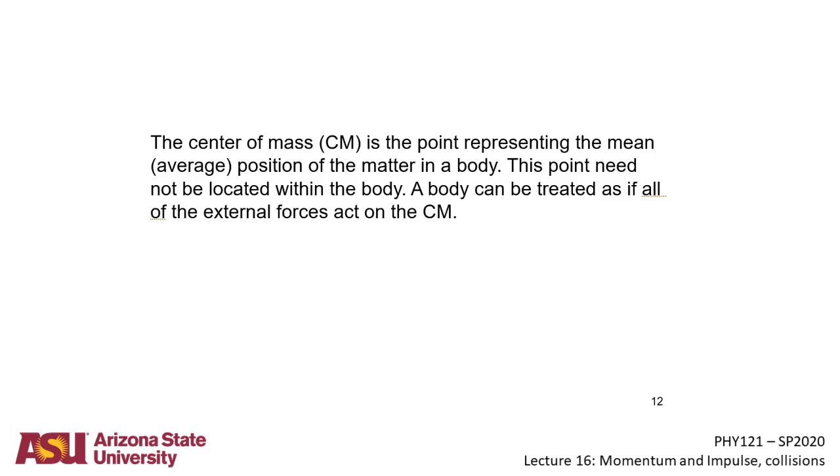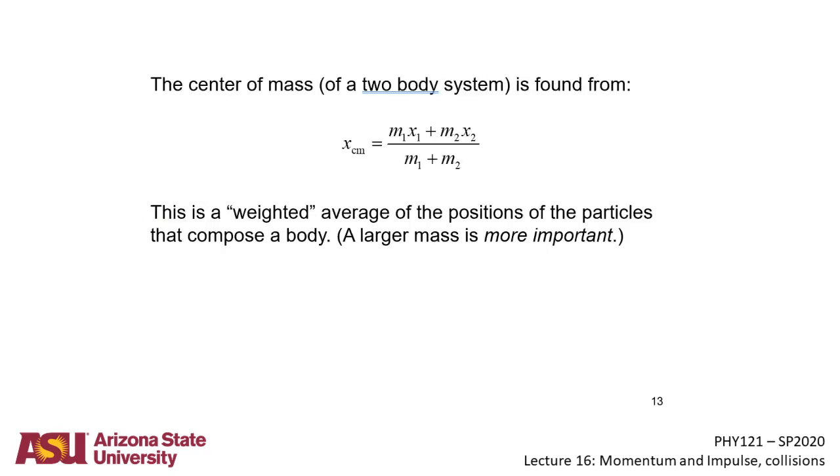We're going to start with some simple examples, and then we're going to move to some more complex ones. For a two-body system, the center of mass, which you'll notice is in units of distance because it has units of x here, is m1x1 plus m2x2 over m1 plus m2. This is effectively a weighted average of the positions of the particles that compose a body.